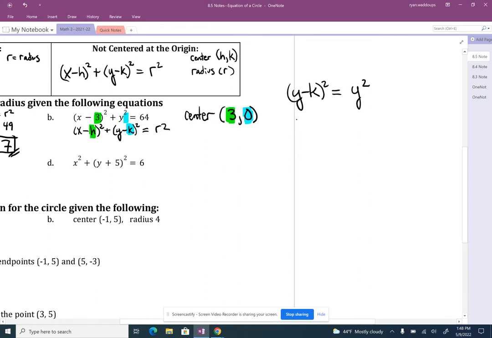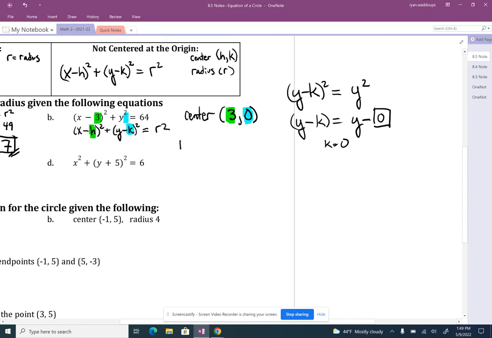And so I said, well, y minus something equals y. If I just take off the squares, what is the value? What would I subtract from y that it's equal to just y? And the answer is 0. So k equals 0.